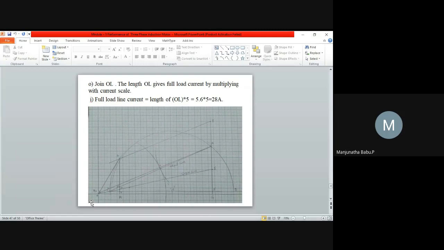So what is the length you are getting? What is the measurement of OL length? Sir, 6.4 something. 6.4, it's coming more, no?